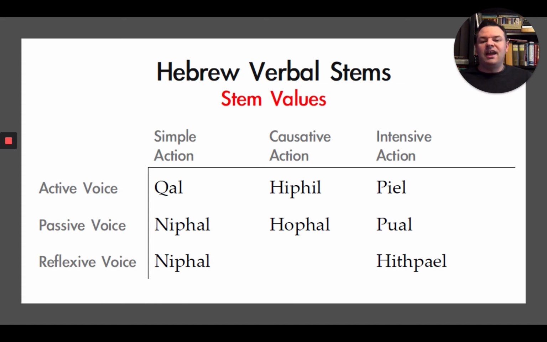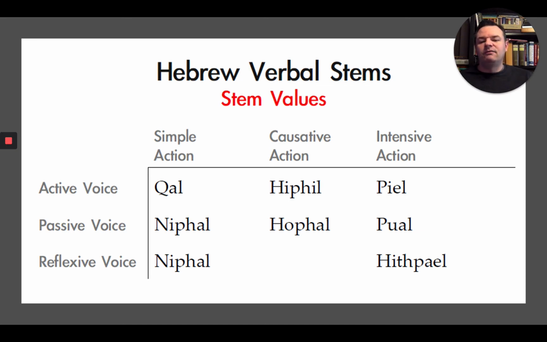So you might say, in the Qal stem, break, whereas in the Piel stem, since it has intensive action, it might be shattered. Like he shattered something, or he broke to pieces. The Hiphil would be like broke through or made a breach.